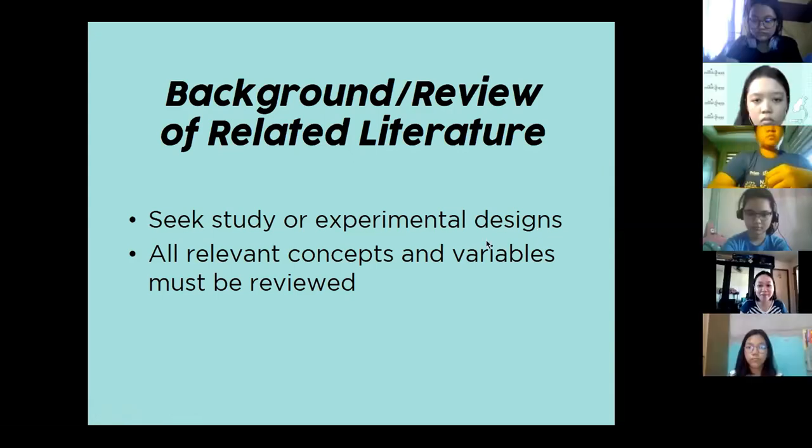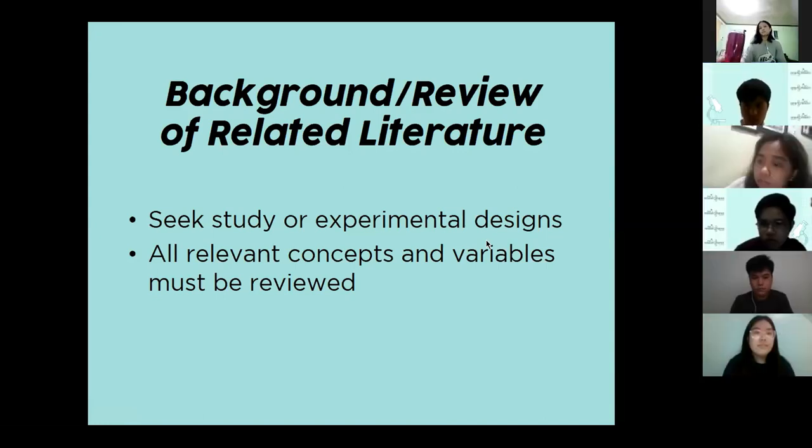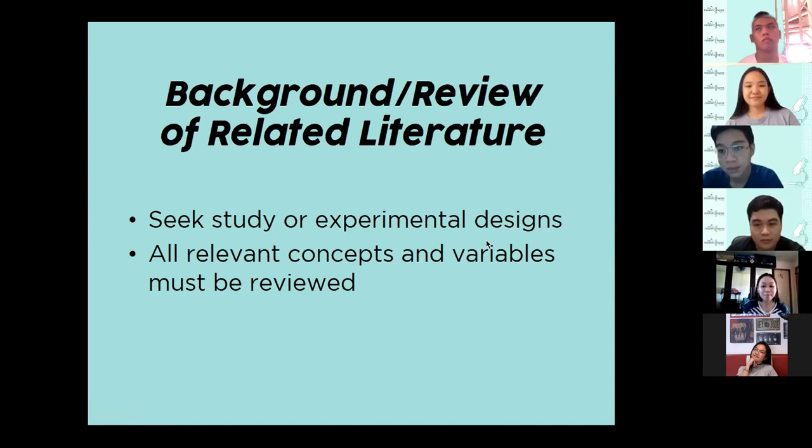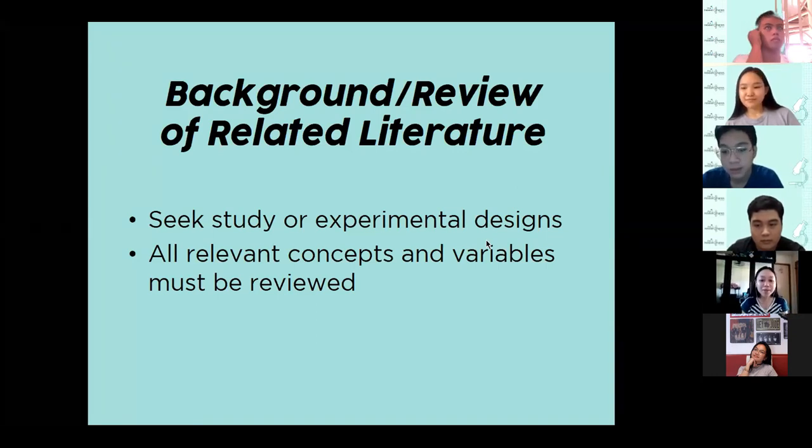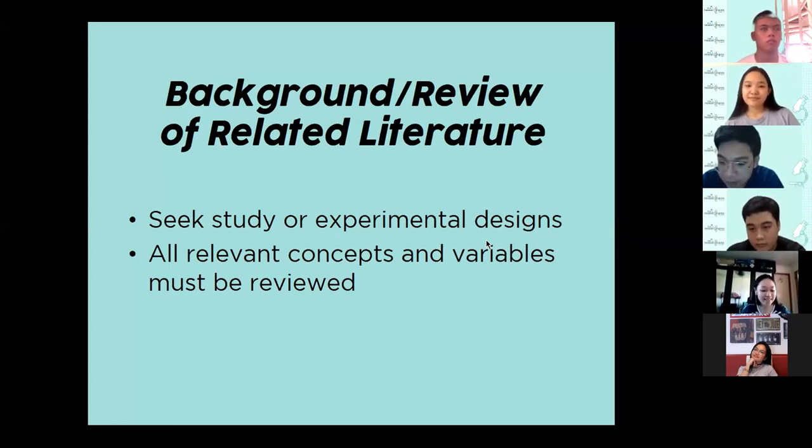Okay, so for the background or review of related literature, we should seek study or experimental designs. So sa studies, dapat scholarly articles yung hahanapin natin. Pwede kayo maghanap sa Google Scholar, and other sites. So dapat around 20 or more RRLs yung gagamitin nyo with varying mediums like the internet source, newspapers, books, and others.